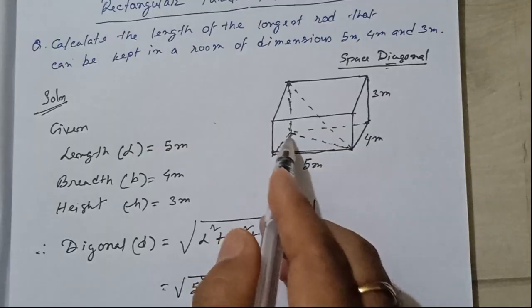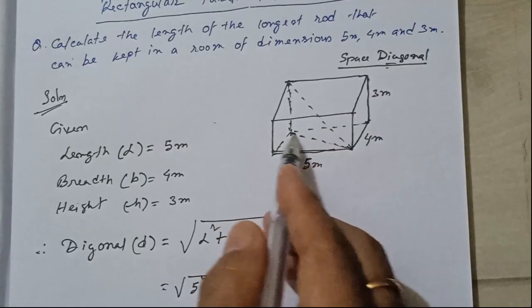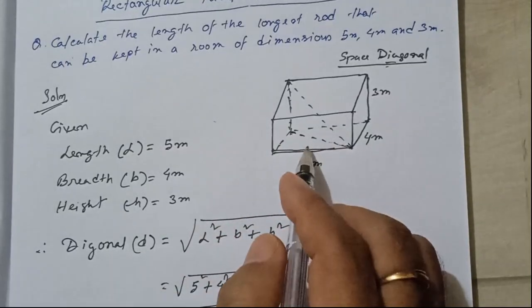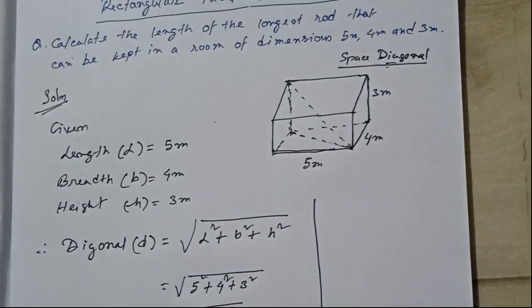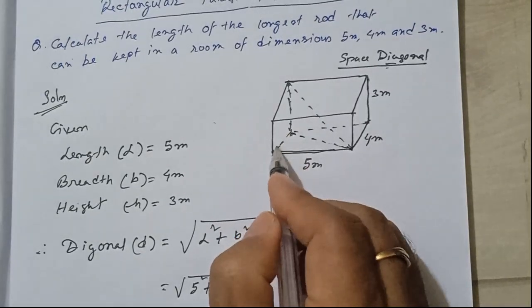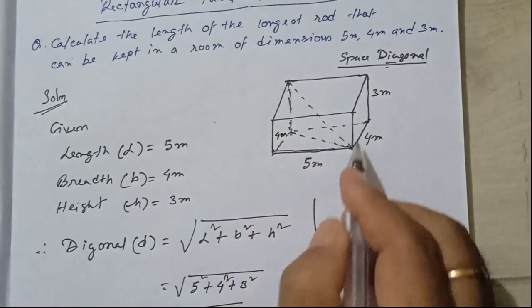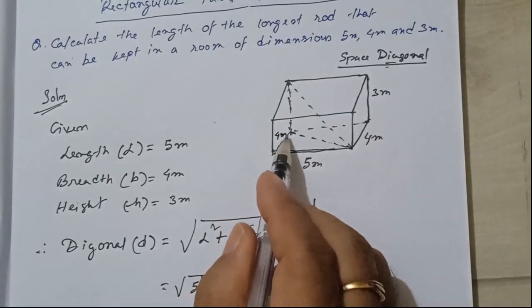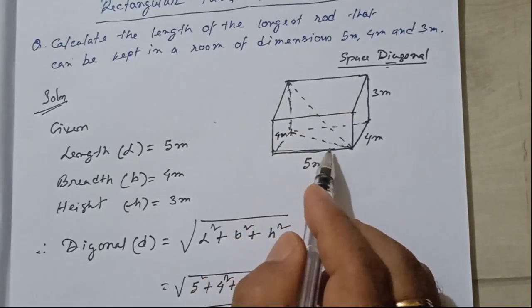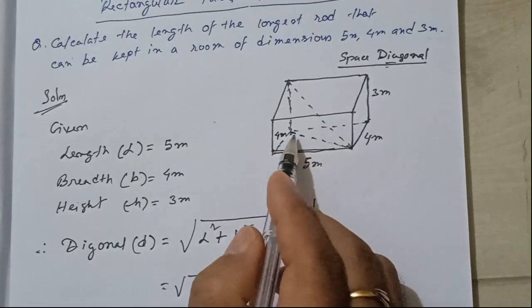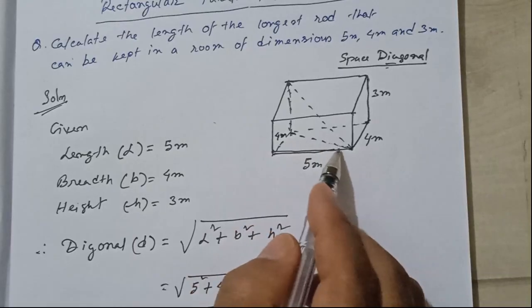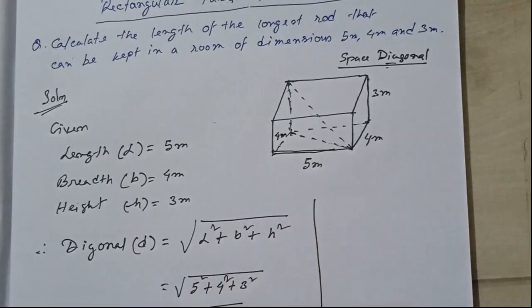And to find the length of this surface diagonal, we can use Pythagoras theorem. So we know this length, this is 4 meter. So we know this length and this length. So we have to just find the hypotenuse. This is the hypotenuse because this is a right angle triangle.